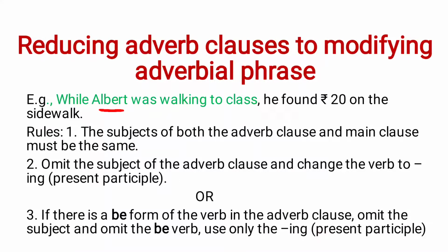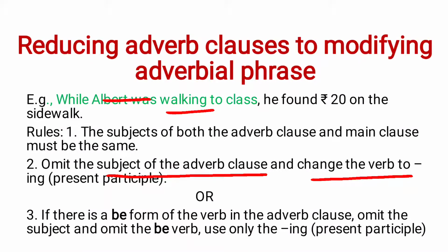Now the second rule says omit the subject of the adverb clause and change the verb to ing form. So we also did the same thing. We omitted Albert and we used the ing or the present participle form of the verb to change it from an adverb clause to an adverbial phrase.